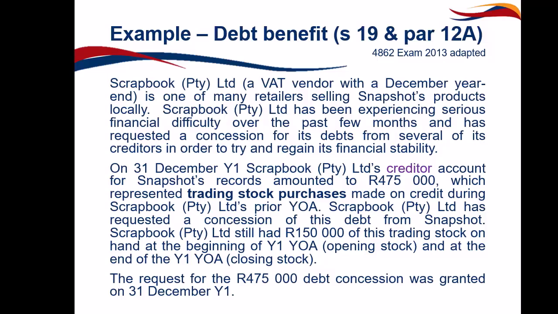If it has been sold in the previous year of assessment and the debt benefit only arises in the current year of assessment, the calculation will be different, and we need to take note of that. Once you're comfortable with that, reading the question is going to be so much easier.